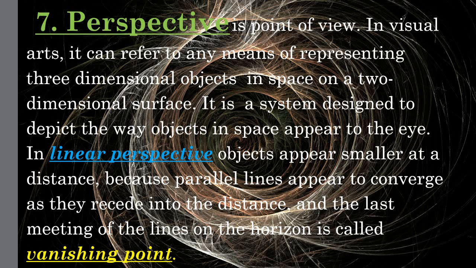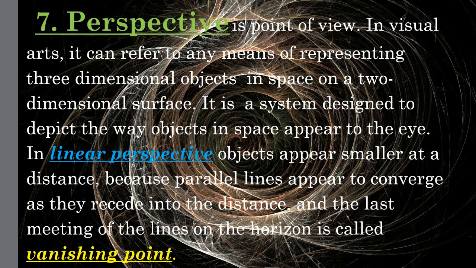Number 7 is perspective. It is point of view. In visual arts, it can refer to any means of representing three-dimensional objects in space on a two-dimensional surface. There is a system designed to depict the way objects in space appear to the eye.